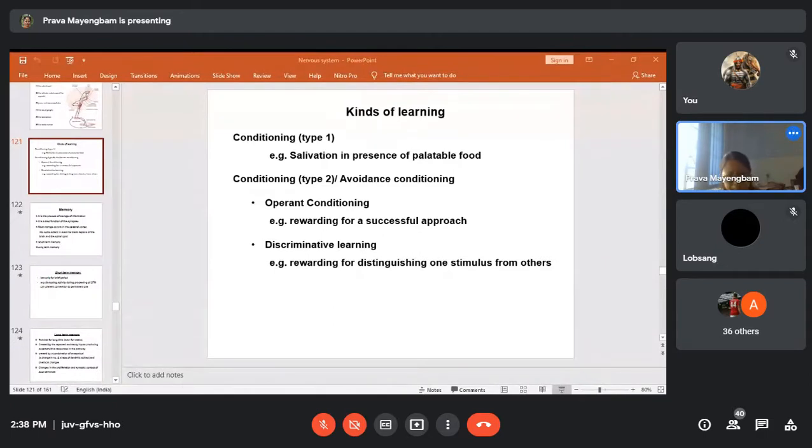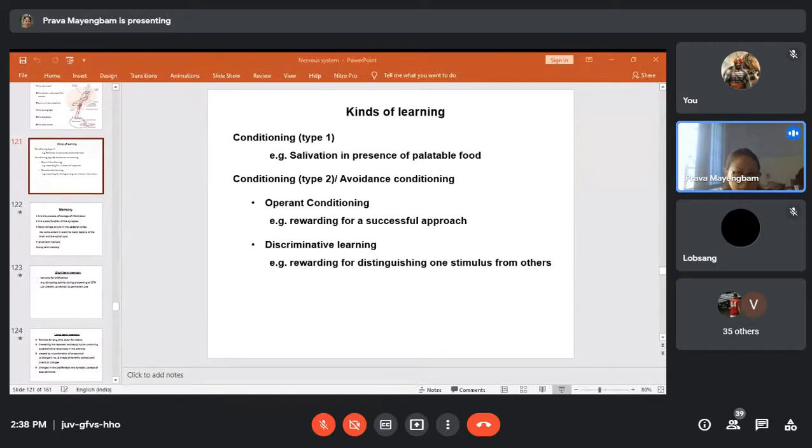The training is given like this. After a few trainings, even if the current is not given to the cage, after hearing the sound the mouse climbs up the pole just to escape the electricity.